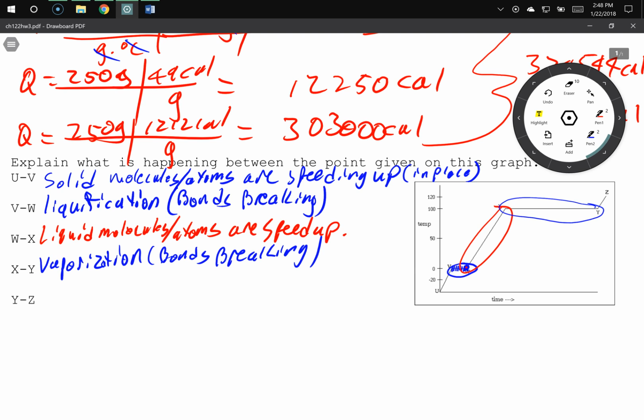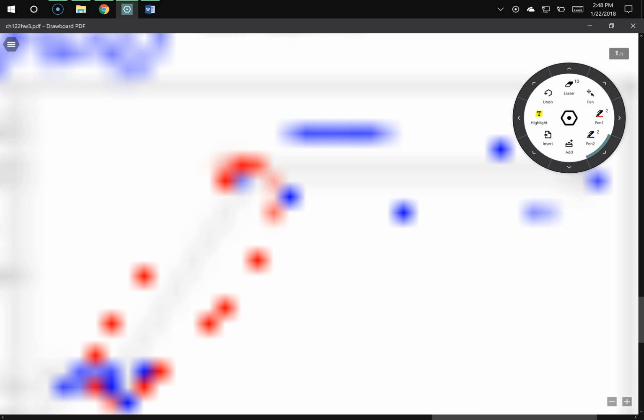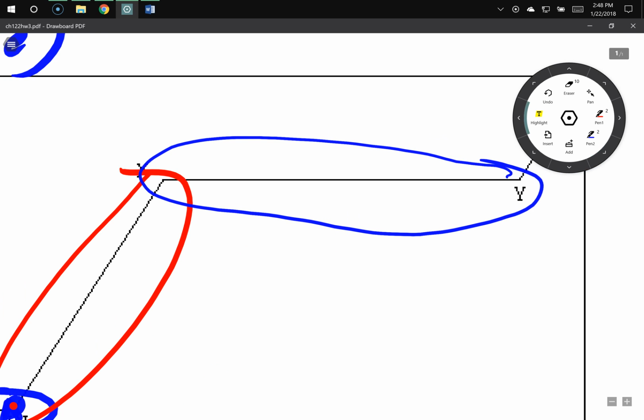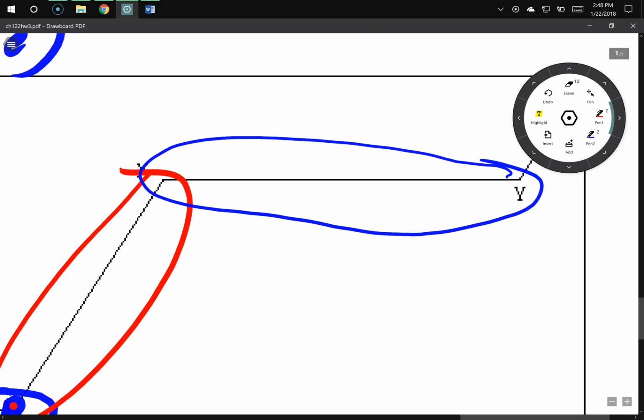It's not a normal way to think about it, but tell me about the speed. Let me zoom in again here. Tell me about the speed of the atoms right there and the speed of the atoms right here or here or here. They're all the same. How do you know that?